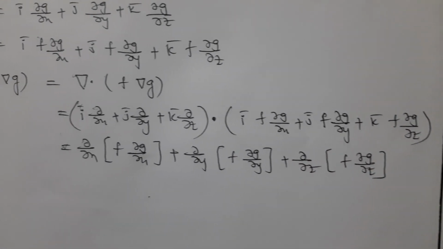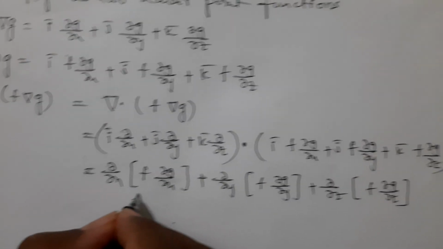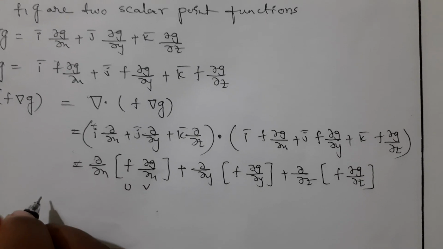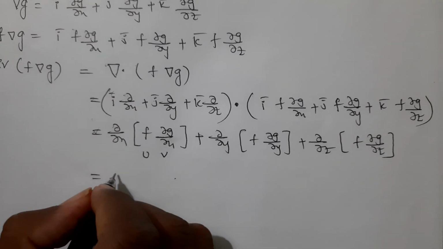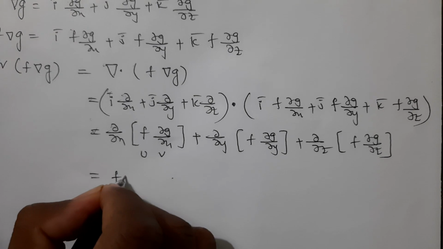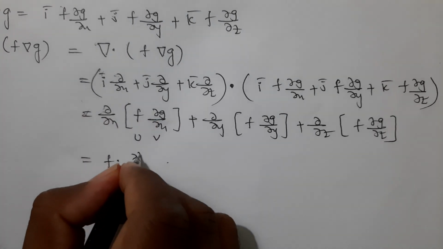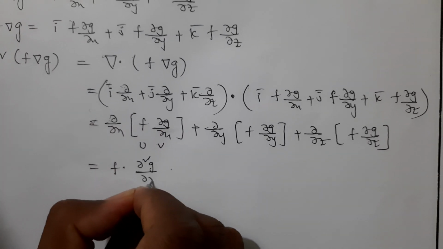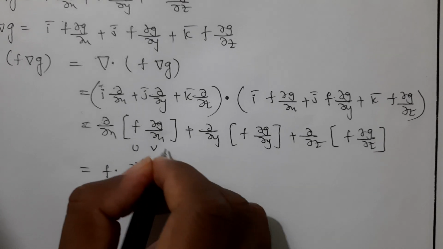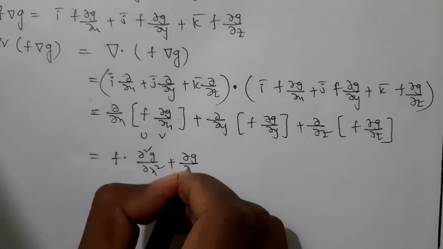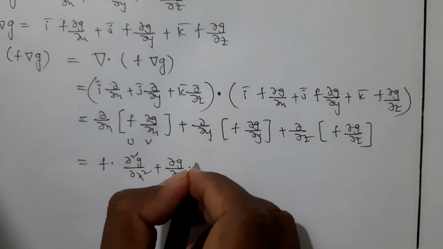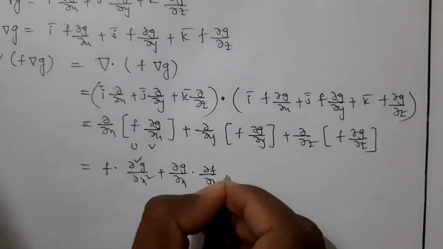Apply the uv differentiation. Differentiate partially with respect to x. This is u, this is v. UV derivative: u into v dash plus v into u dash. f into dou by dou x of dou g by dou x is dou square g by dou x square, plus dou g by dou x into dou f by dou x.